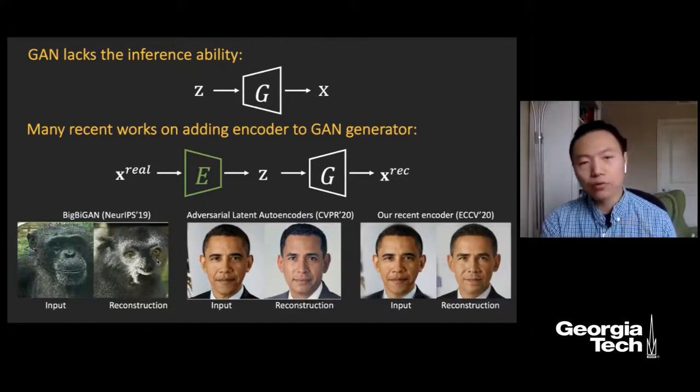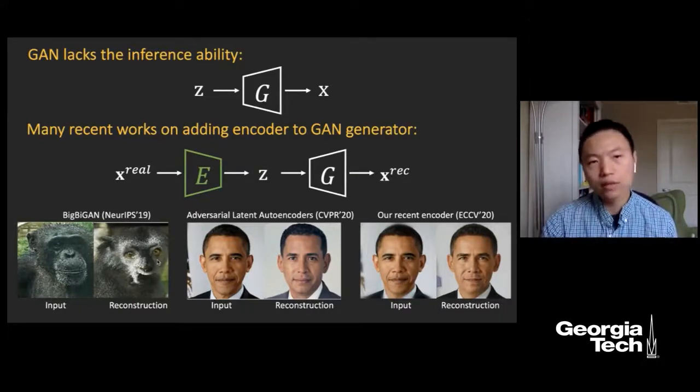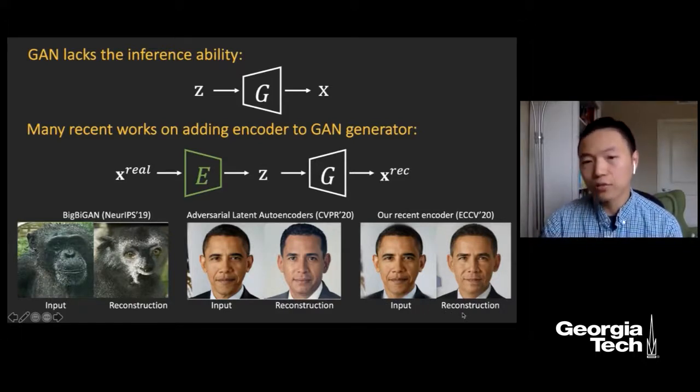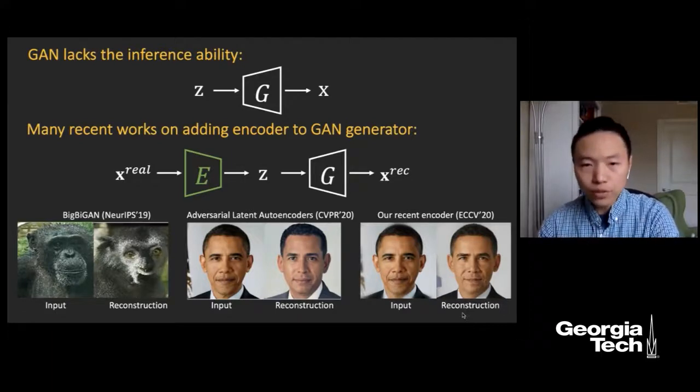They add an encoder to the BigGAN models, then they can do feature learning. Also, last year's adversarial latent autoencoders do similar things. Also, recently we have this work that trains an encoder. You can see the reconstruction result from the encoder. The quality seems improved over the years, but the result is still not good enough. You can clearly see the identity of the reconstructed face is still not the same person as the input.